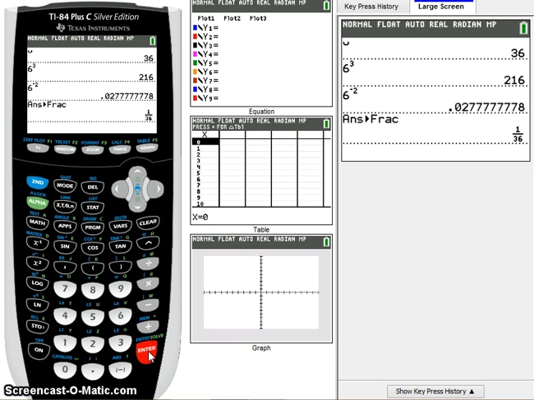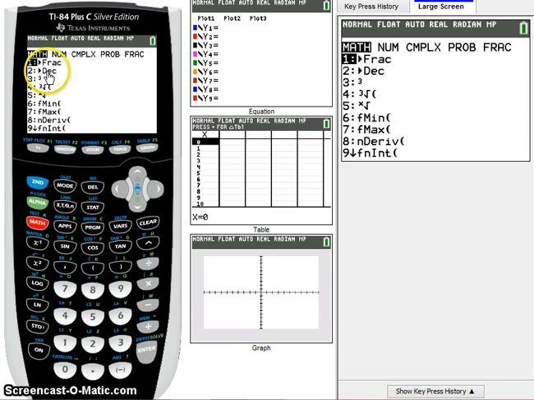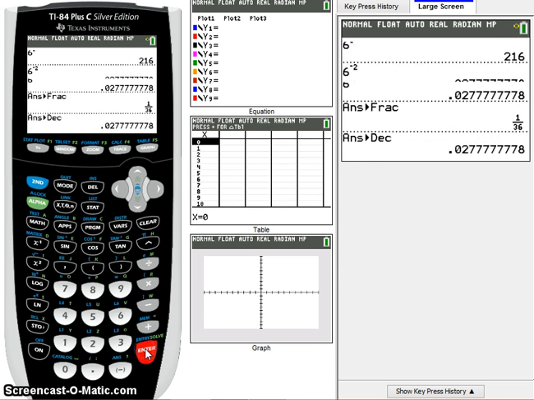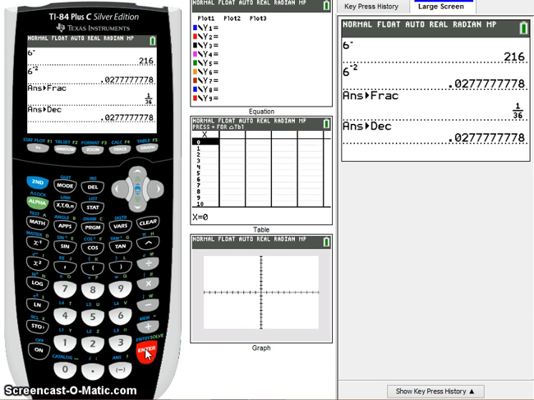And that's what I get, 1 over 36. Now, if I wanted to turn that back into a decimal, I could go to Math. I could go here to number 2, decimal. It looks like I have to scroll down on this screen right there. And if I hit enter twice, I go back to the decimal that I had.